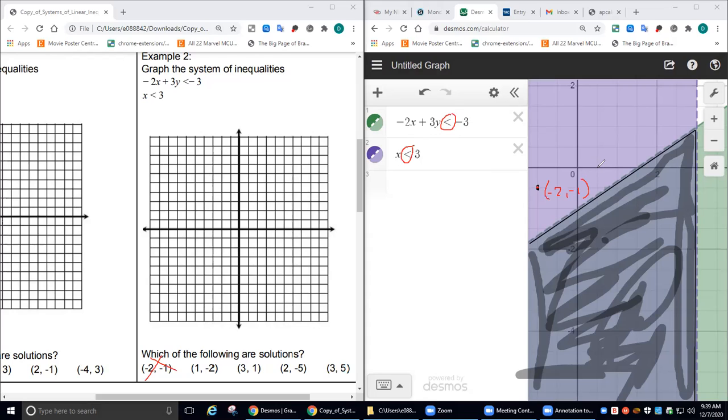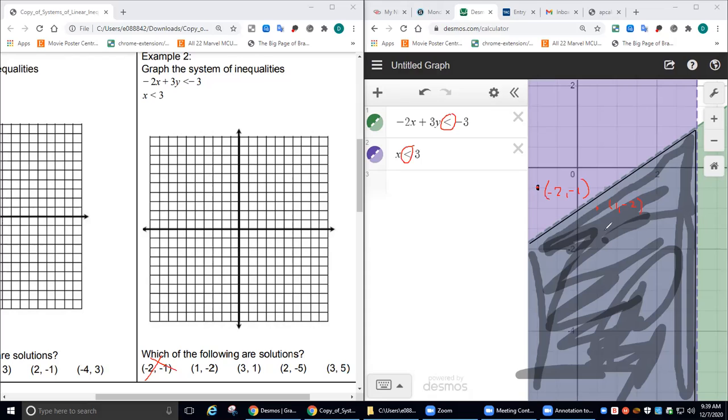So the next one, (1, -2). Going over 1, down to -2. This is (1, -2). Is this a solution? Yes, it is.